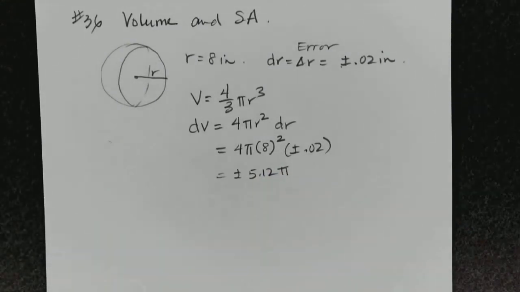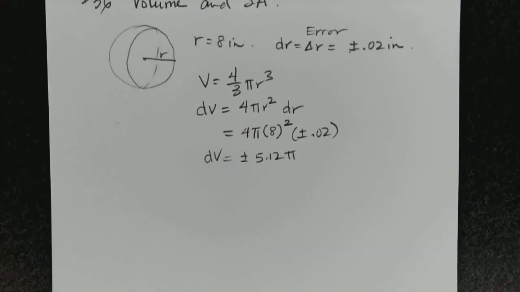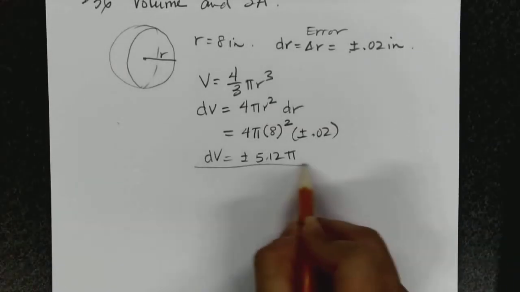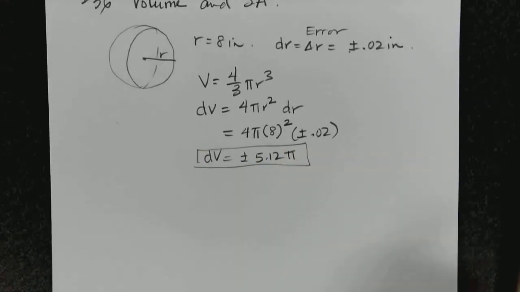And that's my dV. Okay? And then this was A.